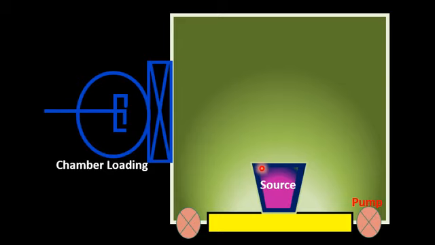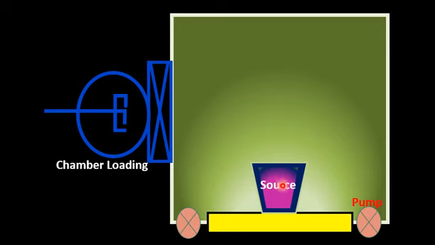Another aspect to notice here is that the source material is usually placed in MBE in a boat material. This is the boat in which the source material is present. The boat material used in MBE has a higher melting point, because if the melting point of the boat material is lower or closer to that of the source material, then when we want to evaporate the source material, there is a possibility of incorporation of the container and the impurity of the boat into the source material.